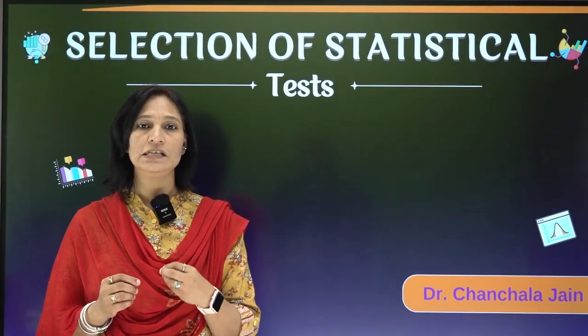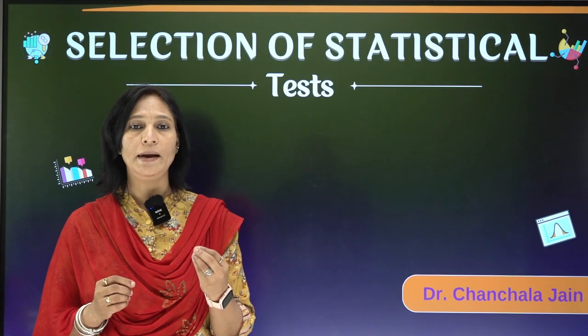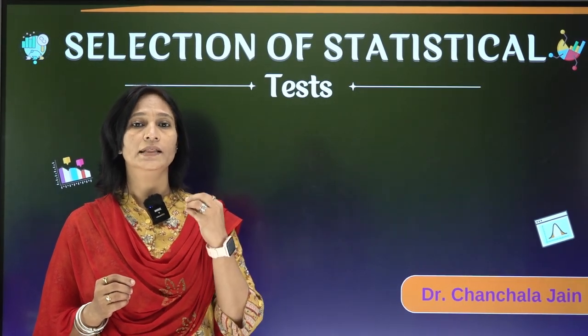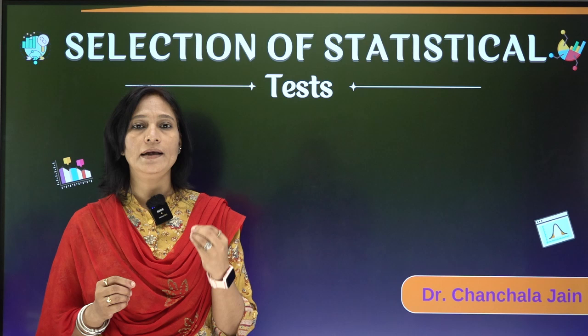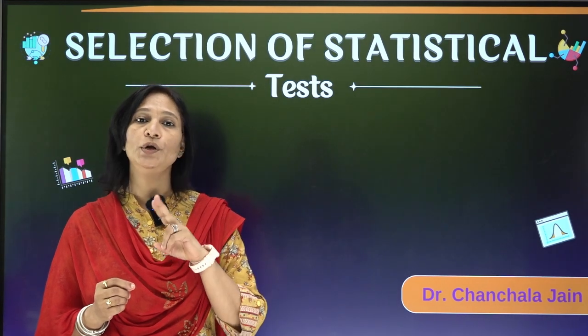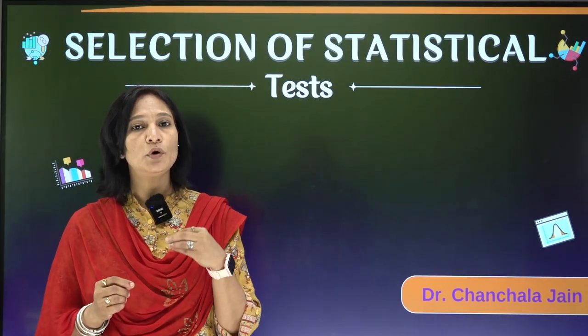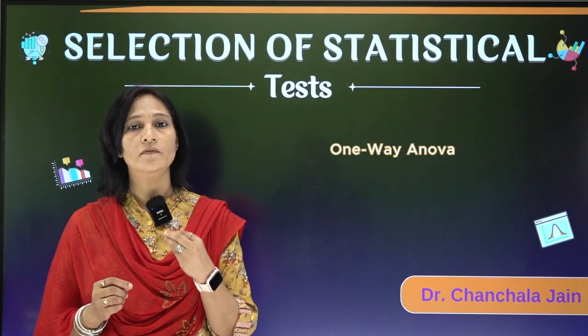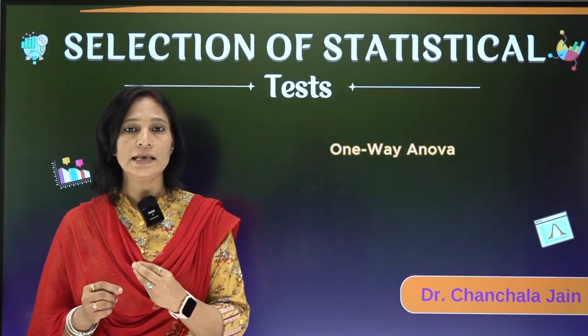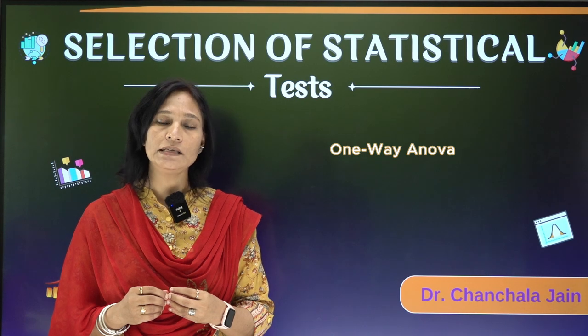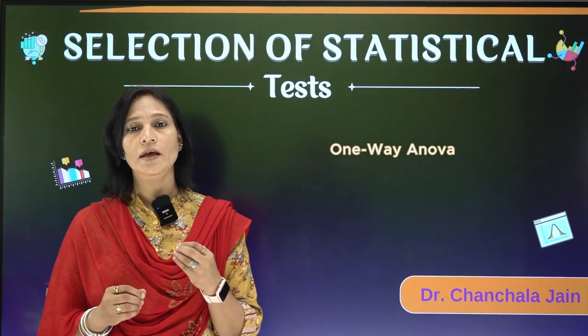In such a case we will not go for the independent samples t-test because there is a restriction that the independent samples t-test can compare only 2 groups. So when we have more than 2 groups we will go for one-way ANOVA. In this case the appropriate statistical test will be the one-way ANOVA.